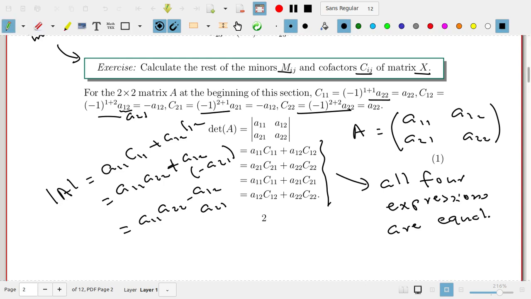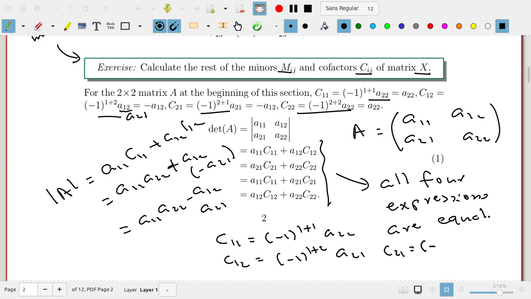Okay, let's evaluate these again. C11 equals negative 1 to the power 1 plus 1, A22. C12 equals negative 1 to the power 1 plus 2, A21. C21 is negative 1 to the power 2 plus 1, A12.